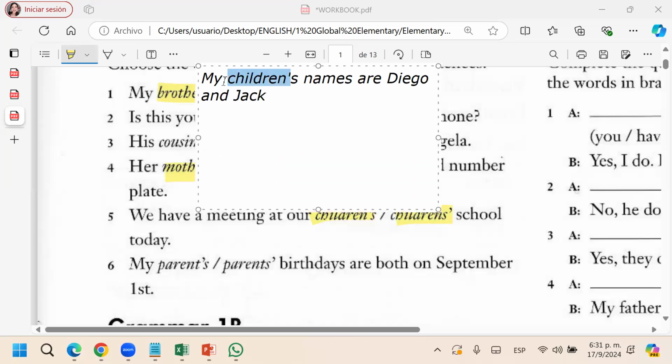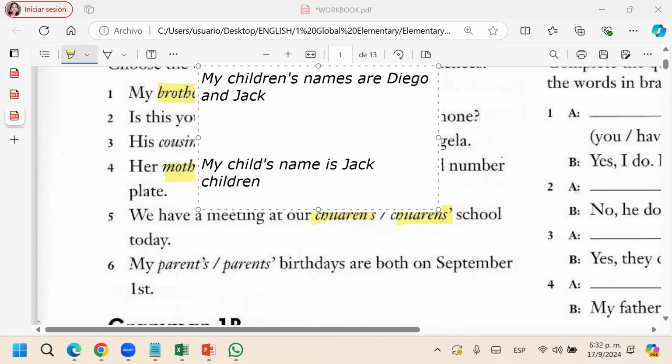The word children is already plural. Remember that the word children's with the S doesn't exist. What is the singular for children? Child. Child is singular, children is plural. If you have one child, you say, my child's name is Jack.